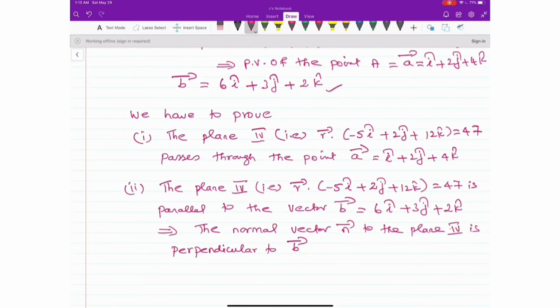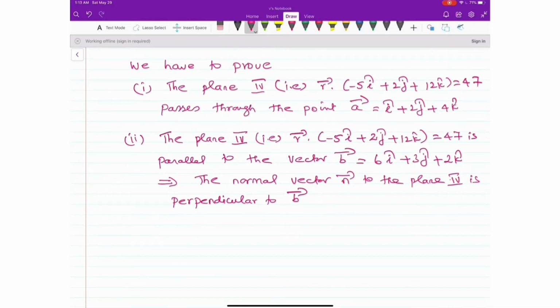See, normal vector is perpendicular to the plane. Since the plane is parallel to the line, the normal vector should be automatically perpendicular to the line as well. So these are the 2 points we have to prove. Let us do it now step by step.